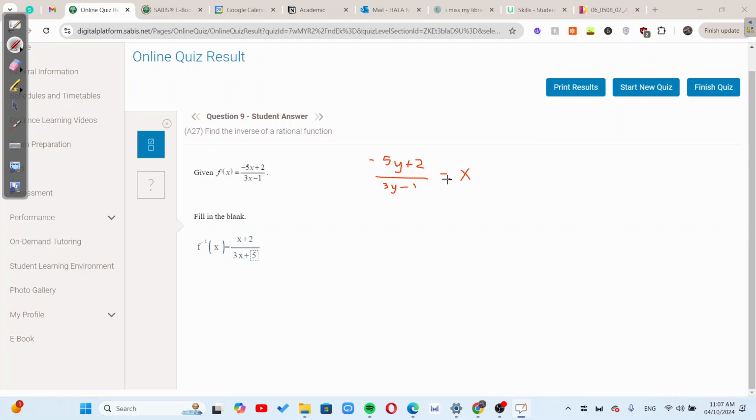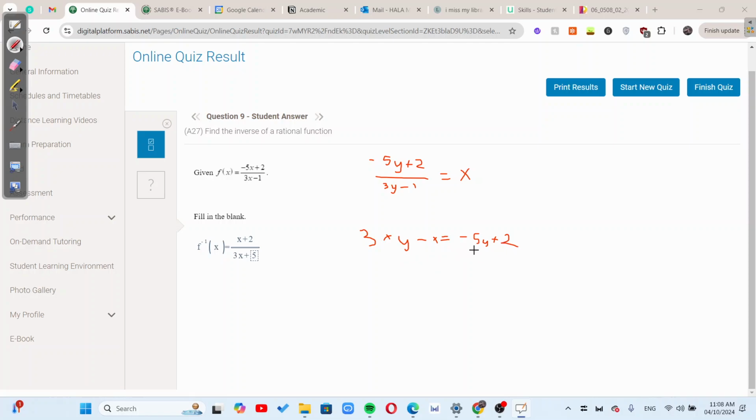Now, what we have to do here is, again, cross multiply. Half this exam is cross multiplying. So let's multiply X into this. So it's 3xy minus 1x, which you could write as just x, equals negative 5y plus 2.